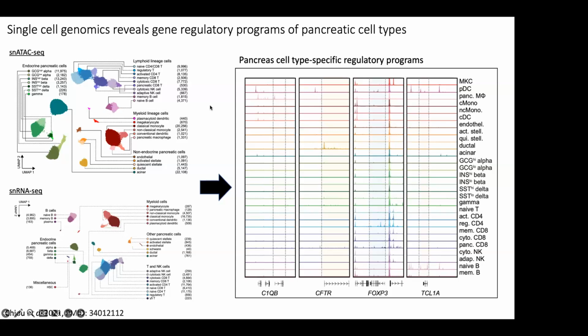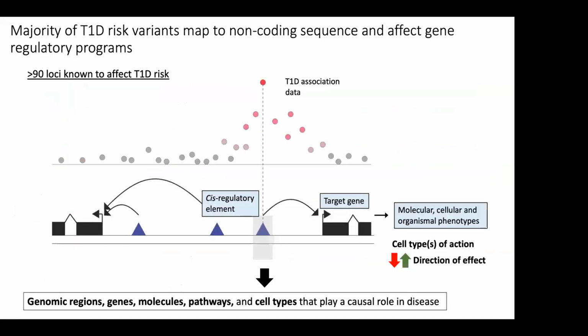Using this information, we can define the regulatory programs of individual cell types. On the right are cis-regulatory elements that are active in each cell type in pancreas and peripheral blood. That tells us about which regions of the genome are active in which cell types, and we can use that information to understand how genes are regulated in each cell type.